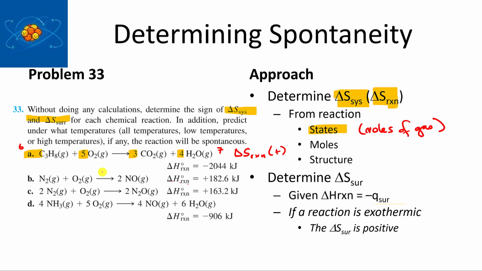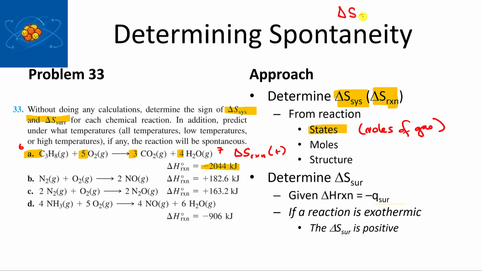Okay, so what is delta S of the surroundings? Well, remember, delta S of the surroundings is based on the energy transferred from the system. So let me do it this way.